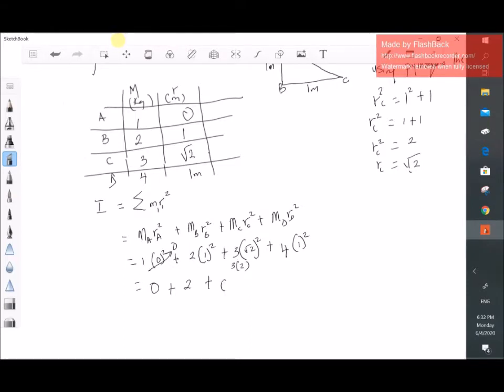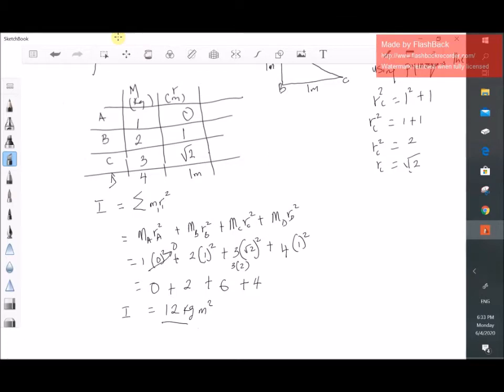That gives us 6, plus 4 times 1 squared is 4. So my moment of inertia is equal to 0 plus 2 plus 6, 8 plus 4 is 12 kilogram meters squared. That is my moment of inertia at point A.